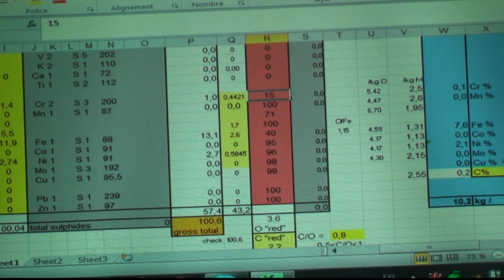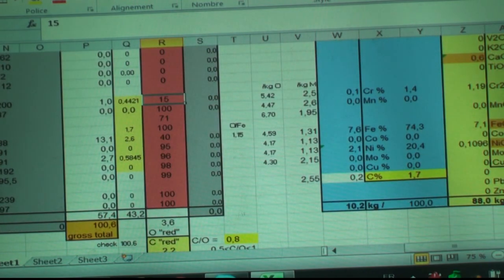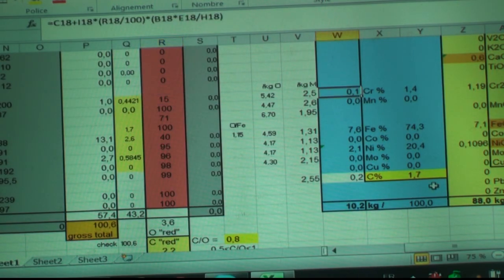Here you target only 2% or less, so it's less reducing, and so the chromium yield is very low. Most of the chromium is in the slag. You see, 0.1 kilo chromium in metal, 1.1 kilo chromium in the slag.